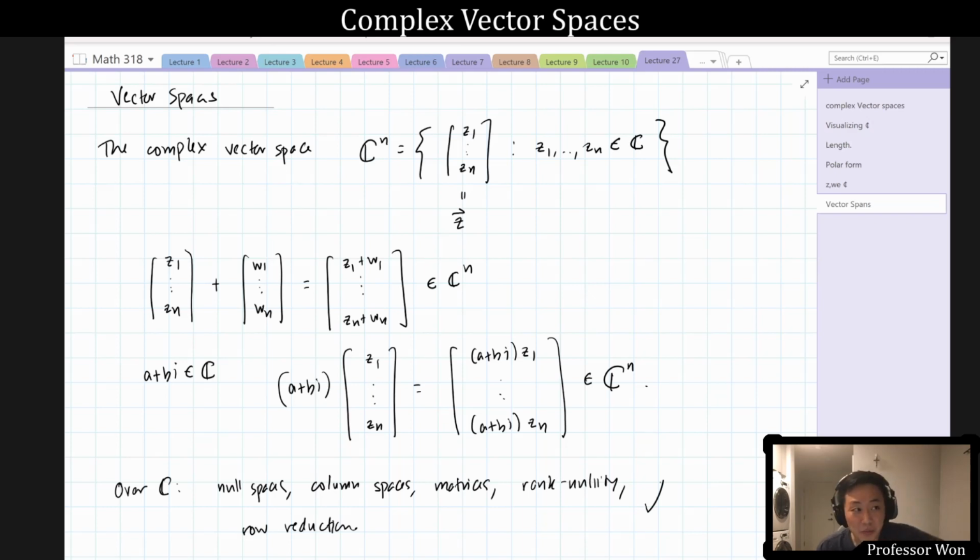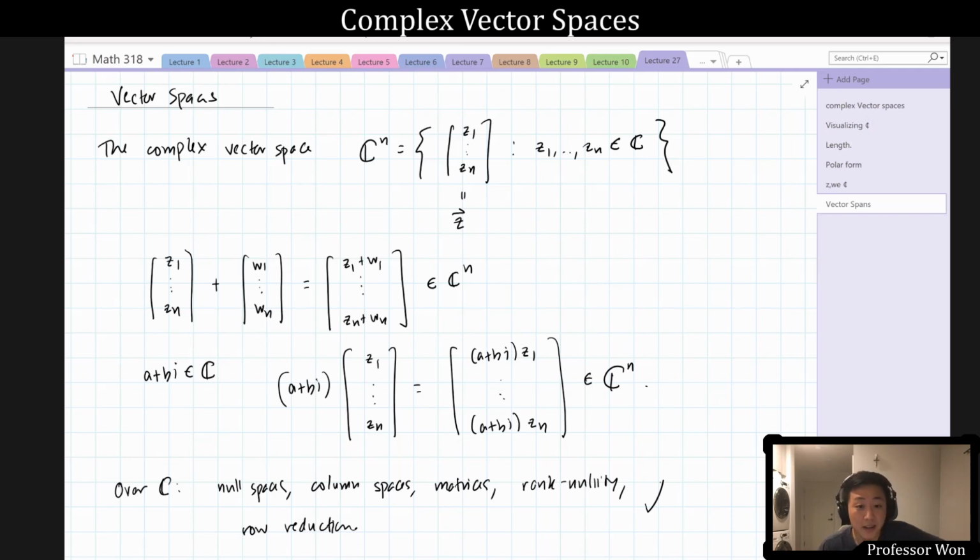But what will be different is dot products. Remember when you took the dot product of two vectors v and w in Rn, you took v transpose w. And that gave you a nice notion of a dot product. It turns out that that doesn't generalize in the immediately obvious way to complex vector spaces.